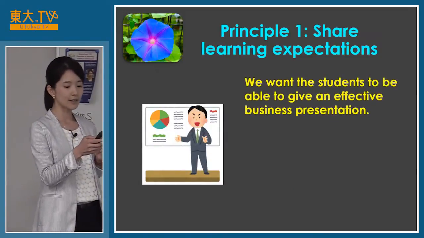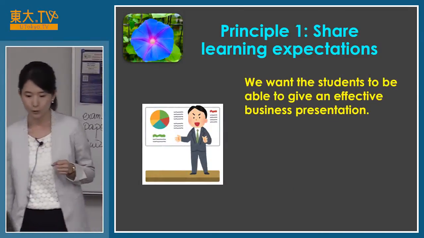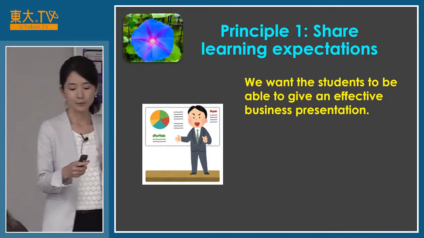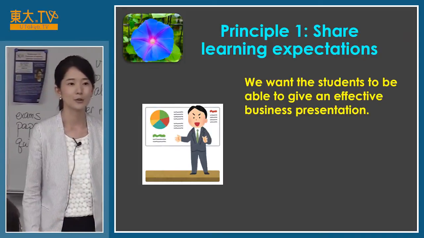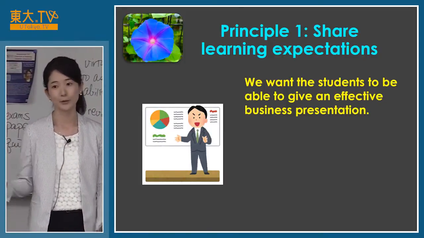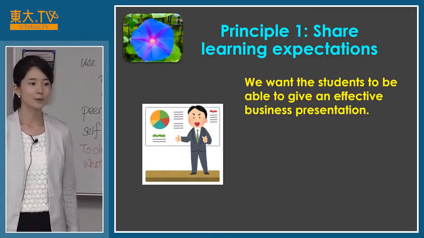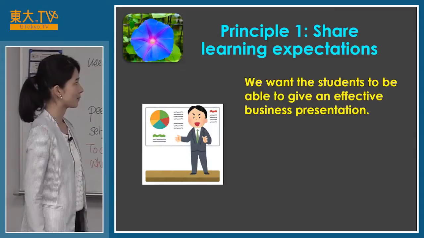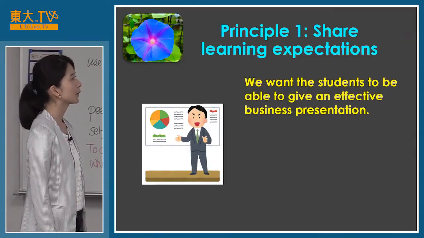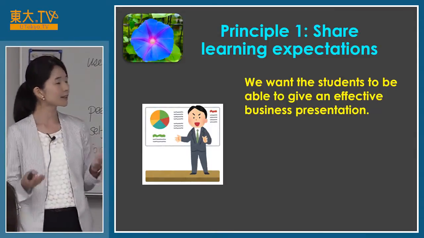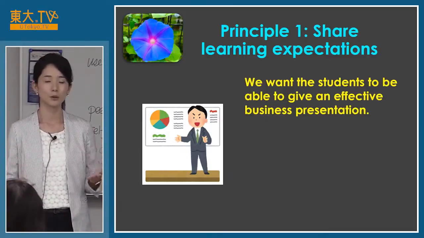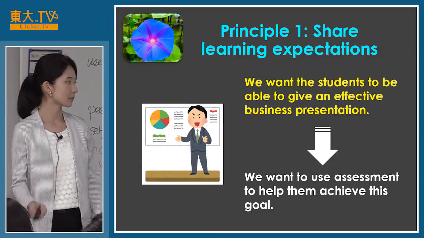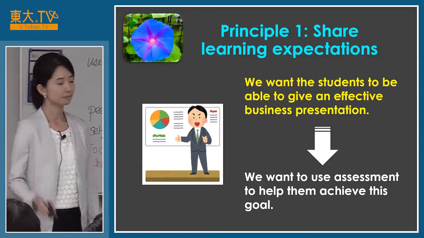Okay, here I think it would be helpful for us to have an example to think about. Like I said in the introduction, I teach business English at another university, so I think it will be useful for us to think about that. So let's say, just for now, that we want the students to be able to give an effective business presentation. That's what we want our students to be able to do, and we want to use assessment to help them achieve this goal.